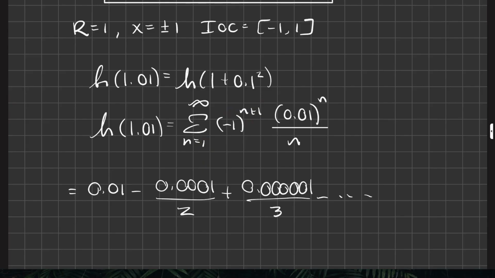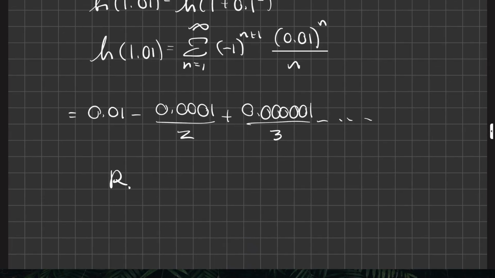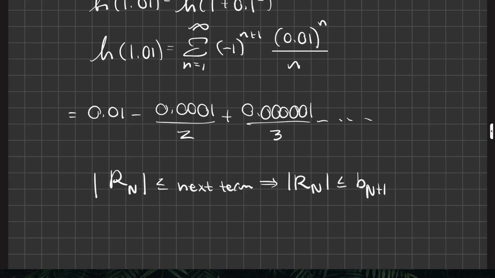So we can actually use the alternating series remainder theorem, where R sub n satisfies that it's less than or equal to the next term, which is just to say that R sub n is less than or equal to b sub n plus 1.